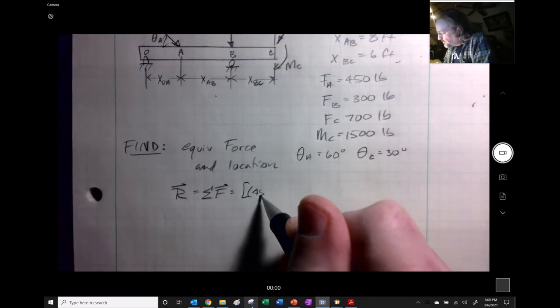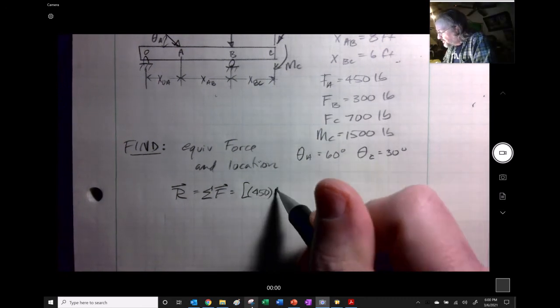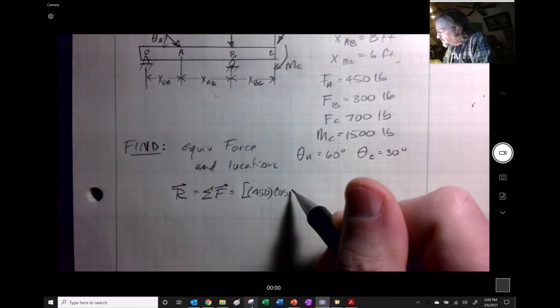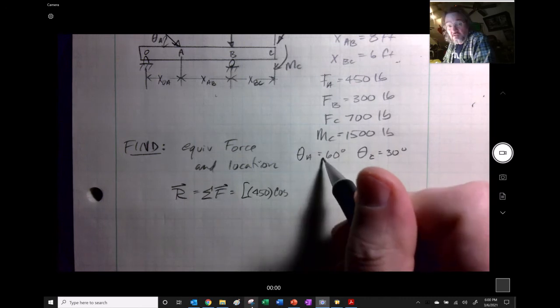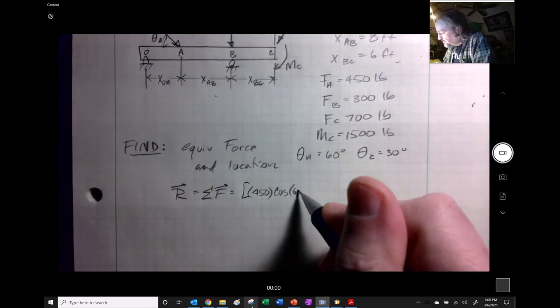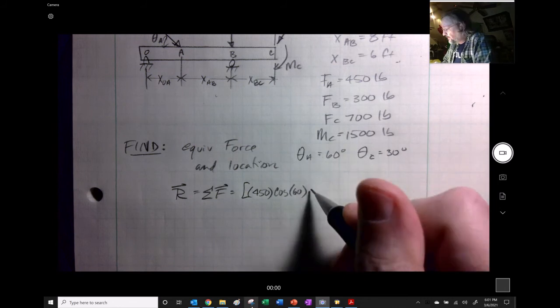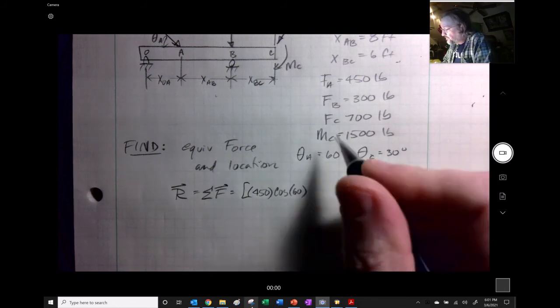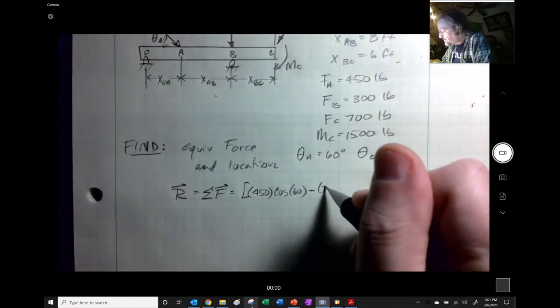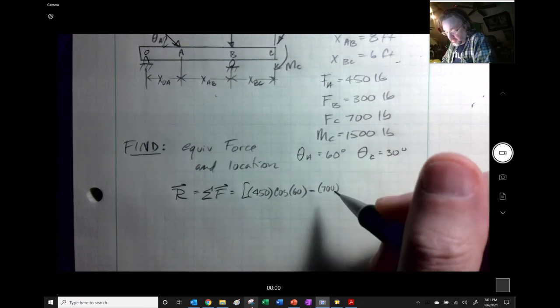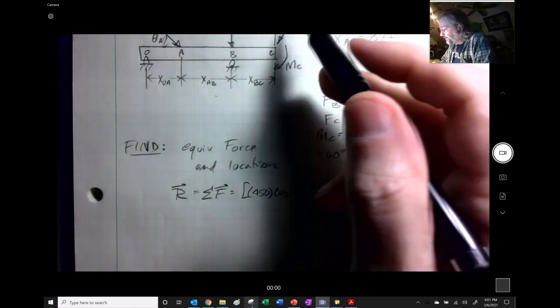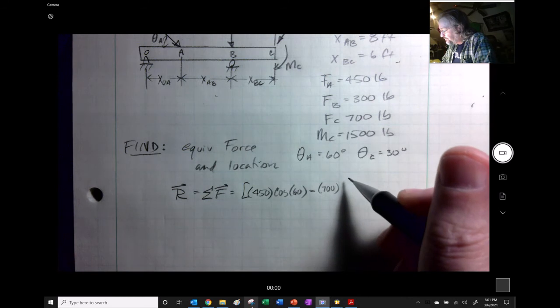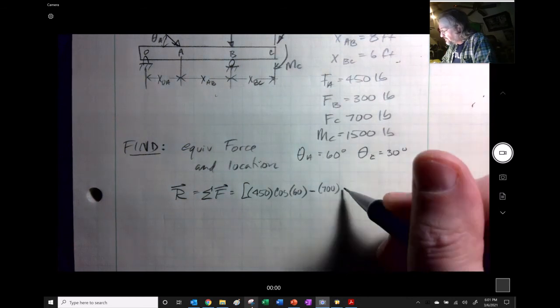Okay, so 450 times the cosine of 60, yeah, okay, 60, and then here's going to be minus 700. And that'd be the cosine of 30, I guess. No, sine of 30.